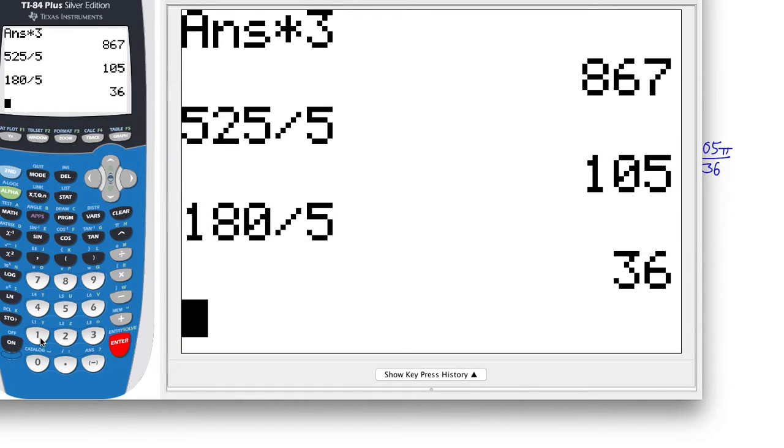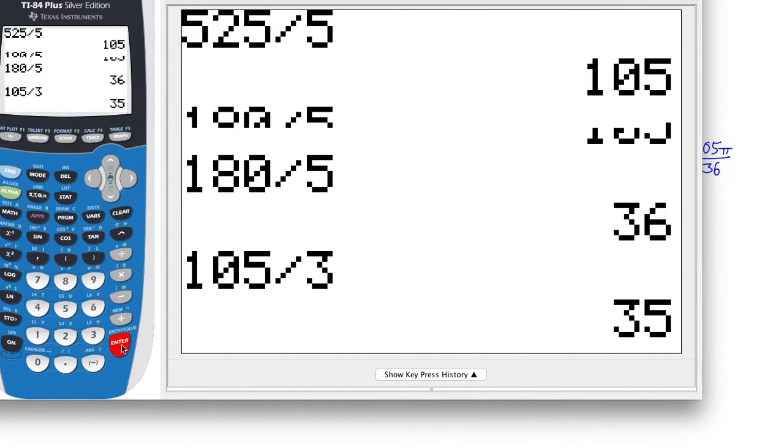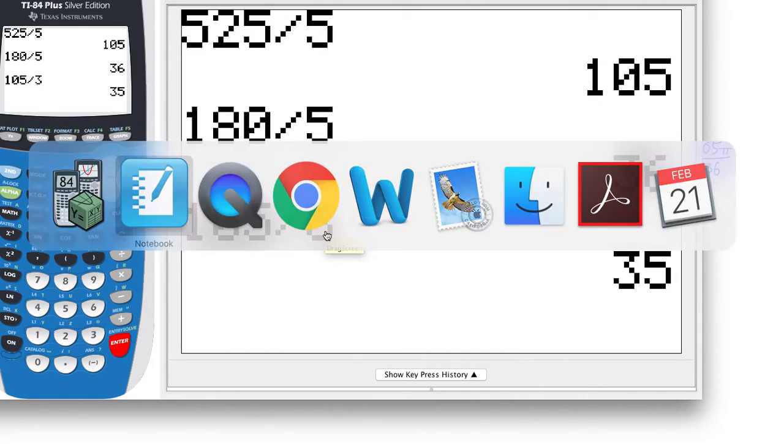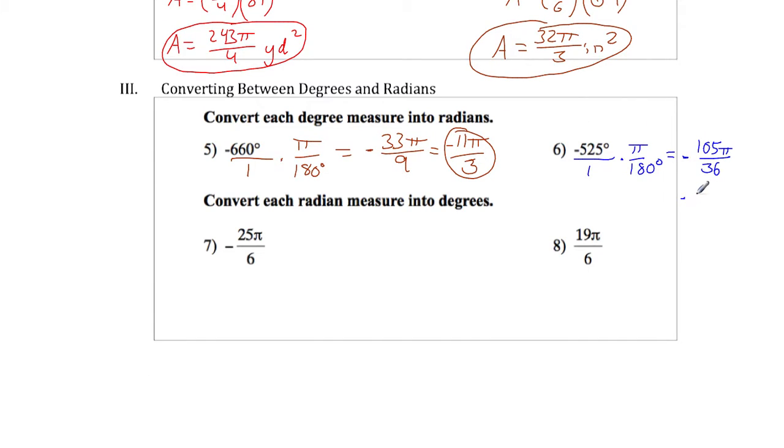And so 105 divided by 3 gives us 35. So we reduce this to negative 35 pi over 12. And that's what it stays as. So just some nice little division there, but again, just multiply by pi over 180, and that'll work.